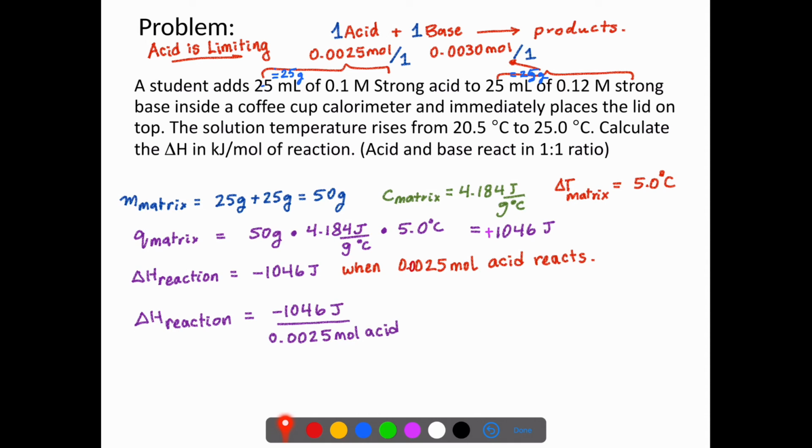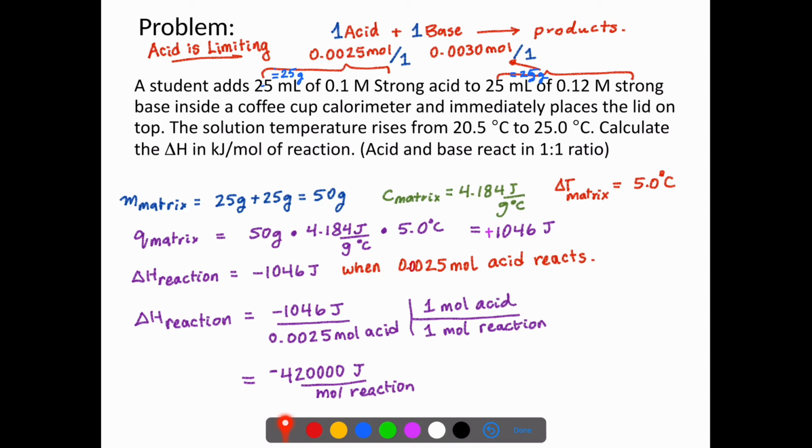So delta H, you can do that. And that's going to give you per mole of acid. We are looking for per mole of reaction. So since 1 mole of acid means 1 mole of reaction, since it's a 1-to-1 ratio, so 1 mole of reaction has 1 mole of acid, you can also say this value is going to give you the amount of energy per mole of reaction.